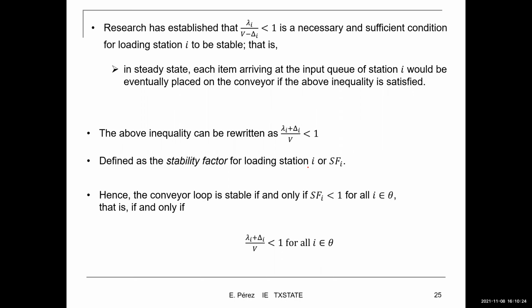What that means is, in steady state, each item arriving at the input queue of station I will eventually be placed on the conveyor if the above inequality is satisfied.